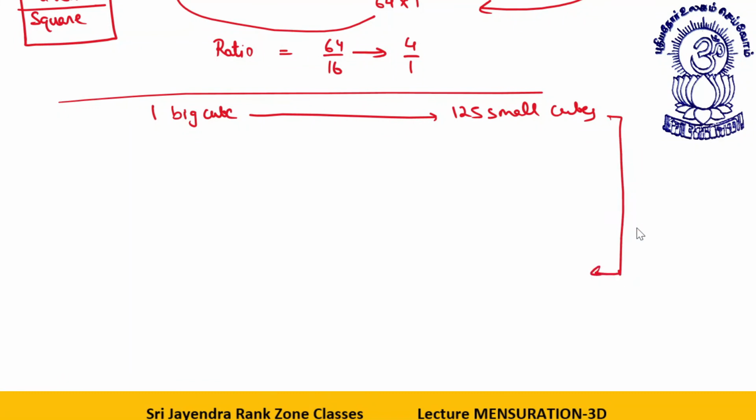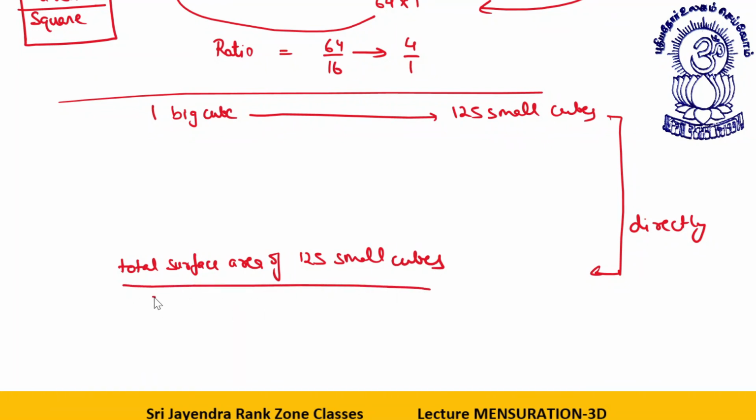I can directly say total surface area of 125 small cubes upon surface area of one initial cube.